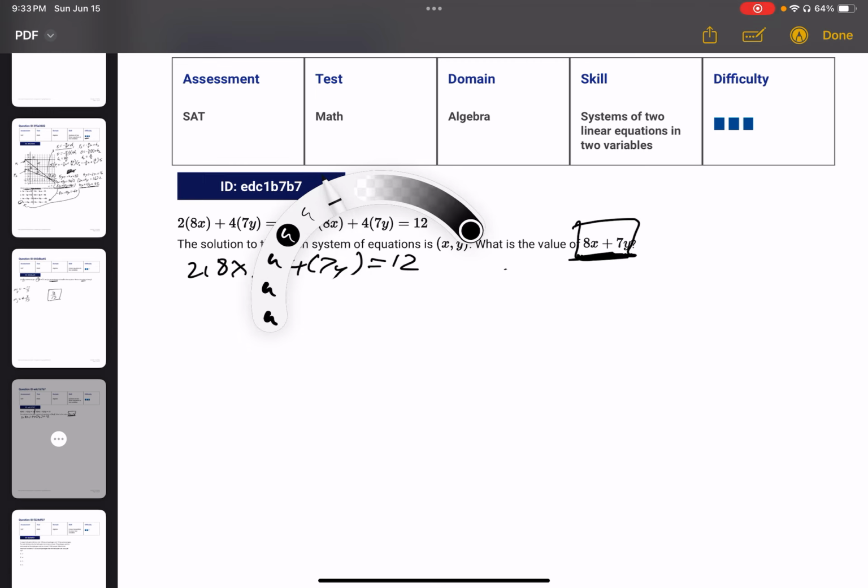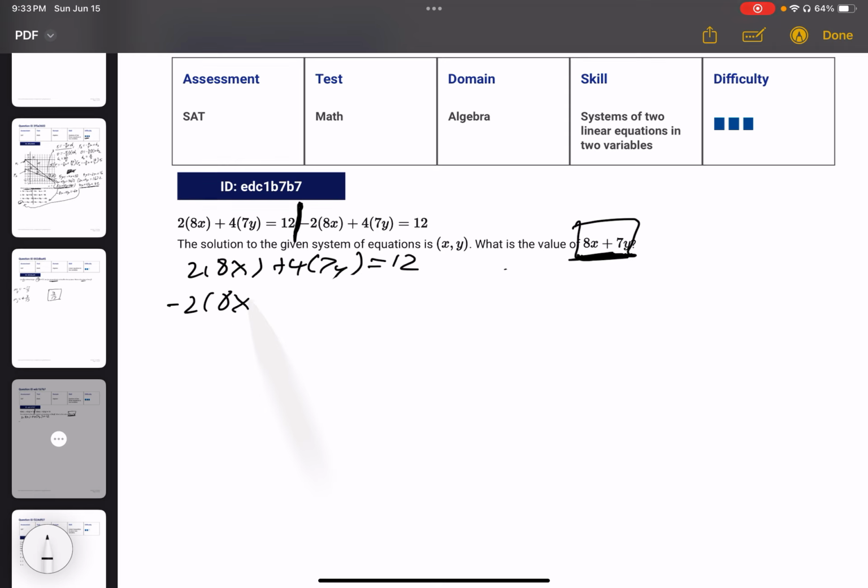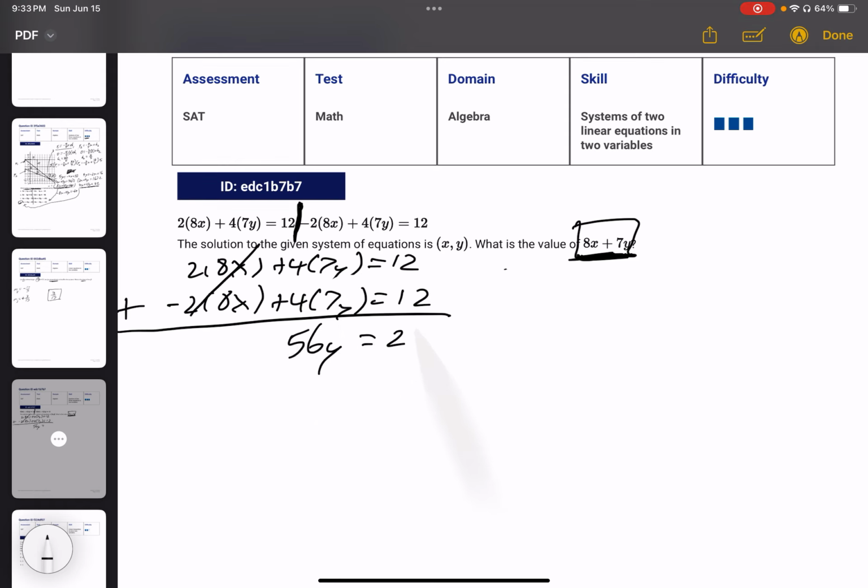So it's going to be negative 2 times 8x plus 4 times 7y is equal to 12, and then you add these systems of equations. So looking at this, 16x minus 16x is 0, so that's going to cancel out. And then looking at this, we have 28y plus 28y, so that's going to give us 56y is equal to 24. So we are already solving for one variable since that cancels out nicely.